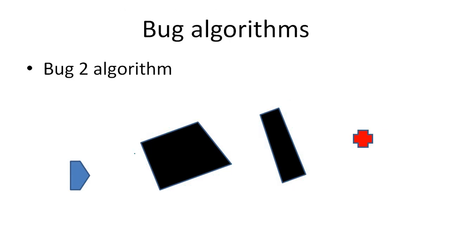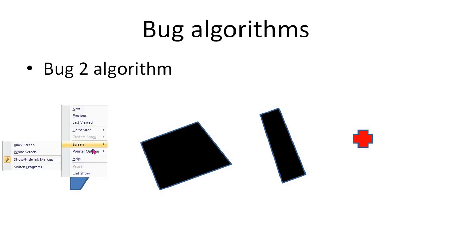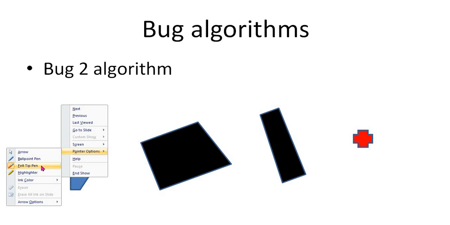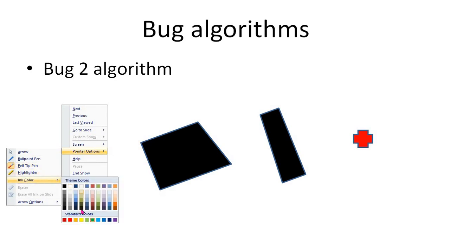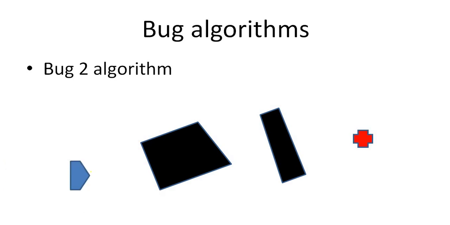So some guy came up with the BUG2 algorithm. BUG2 algorithm, how it works is that in this case, this is the robot, and at the beginning, it makes an imaginary line from the start position of the robot to the target.